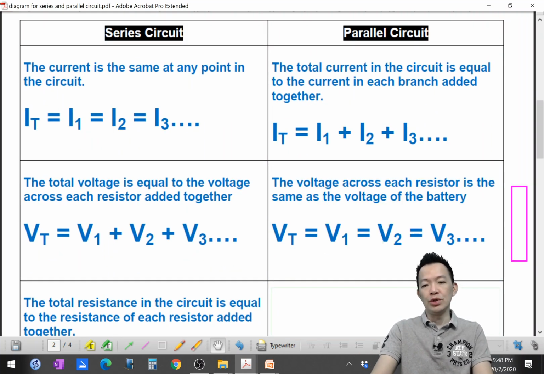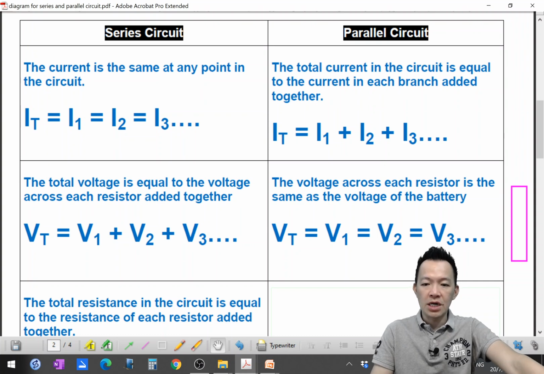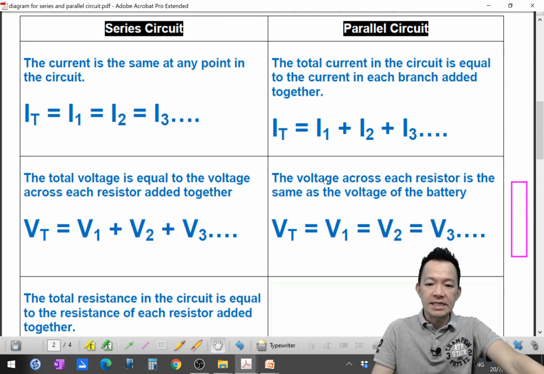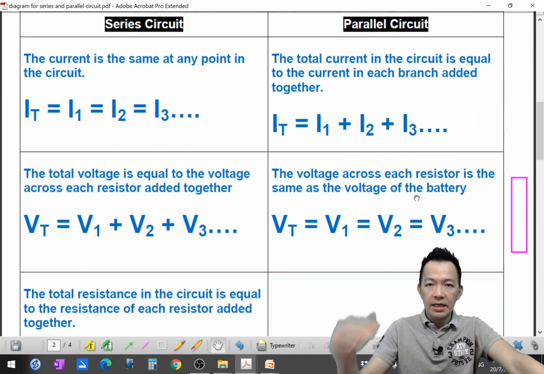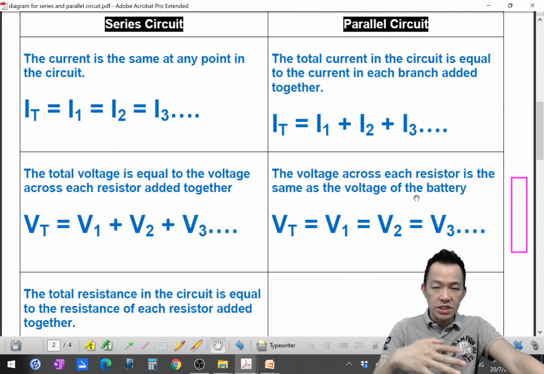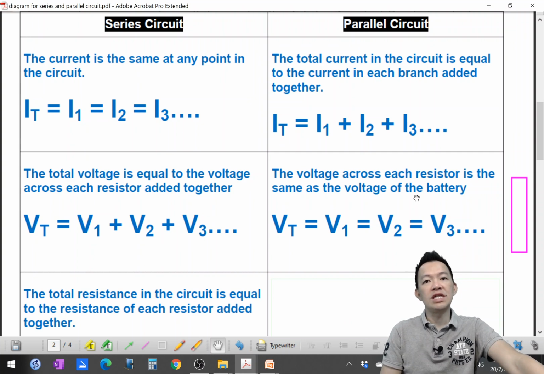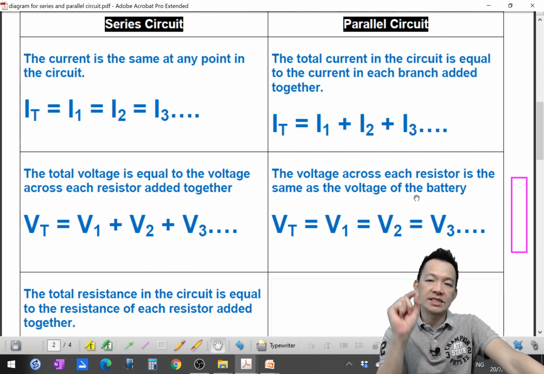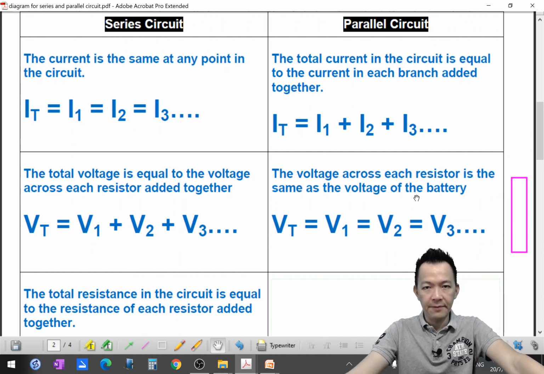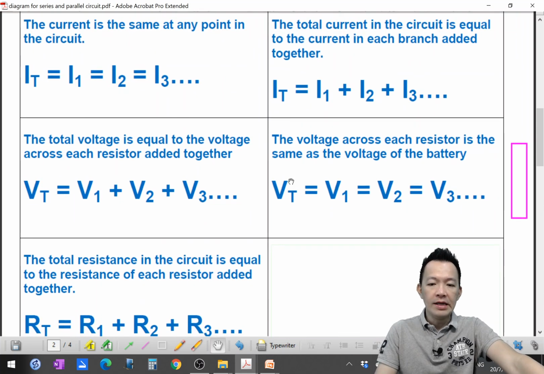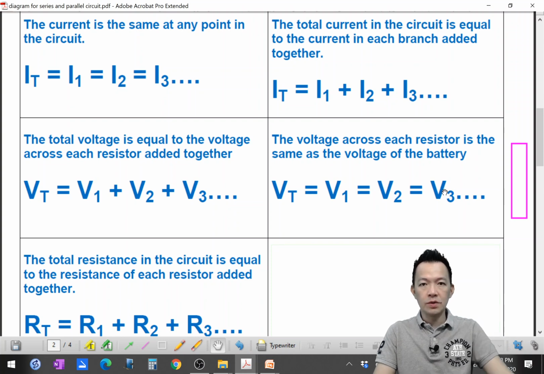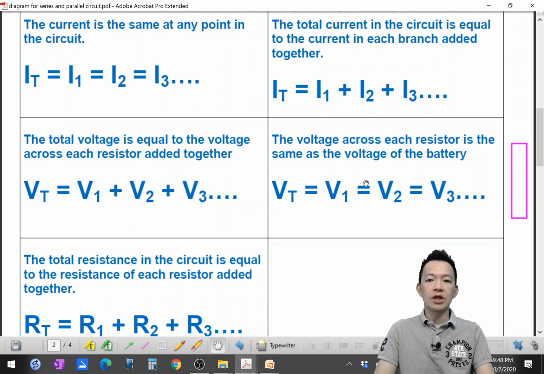The voltage across each resistor is the same as the voltage of the battery. Each resistor gets the energy of the battery. Why? Because it is connected directly to the battery. So the total voltage is equal to V1, equal to V2, equal to V3, equal to 6 volts. So this is the total voltage.